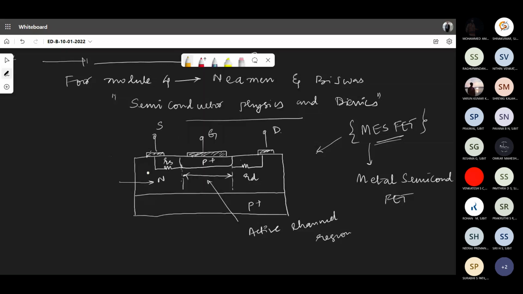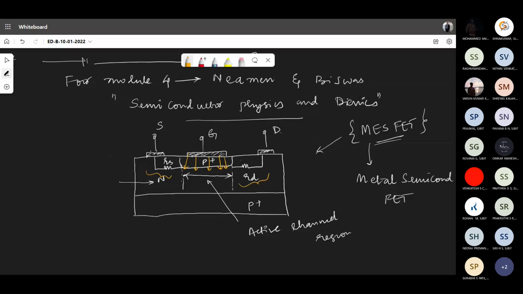So what you observe here and here is minimal effect. The resistances at those regions are minimal because there is no active channel coming into the picture. The active channel comes only within this because the gate voltage gets applied in this fashion. So the active channel region is only this.